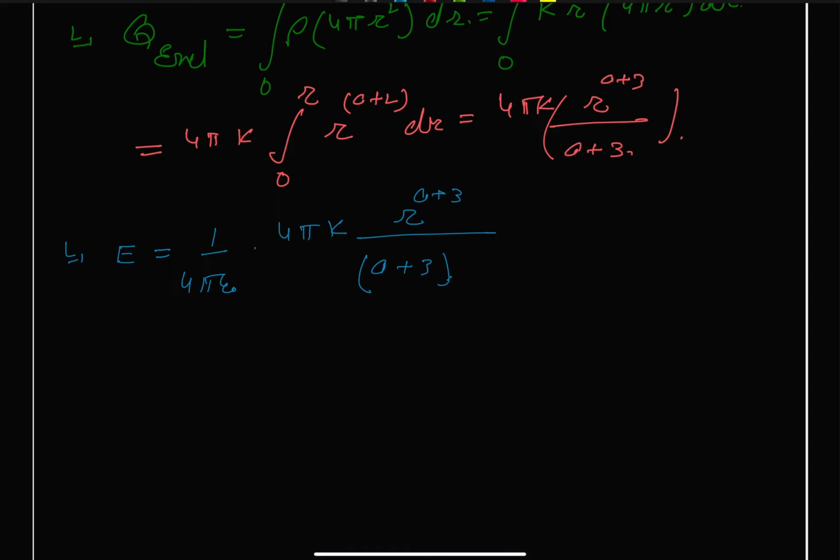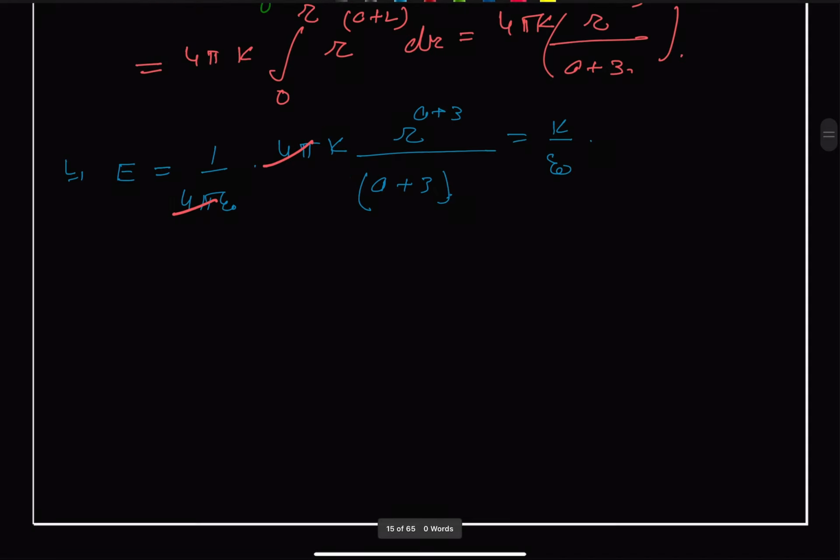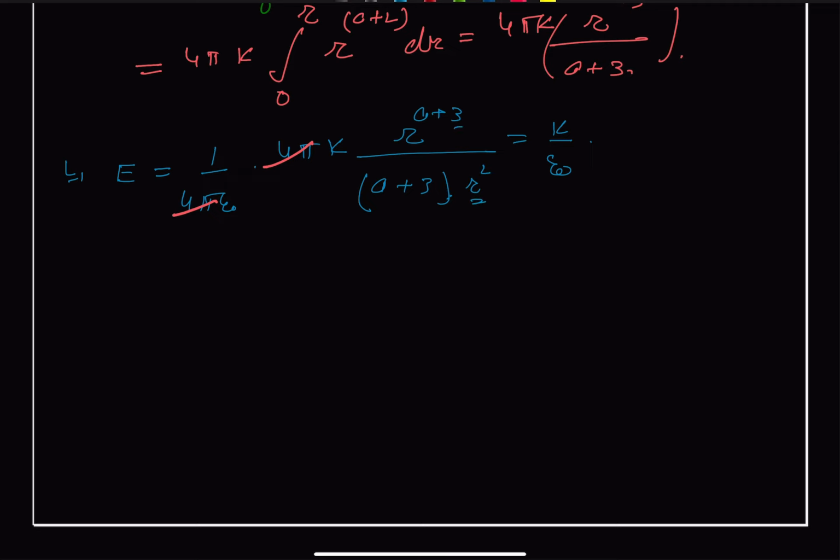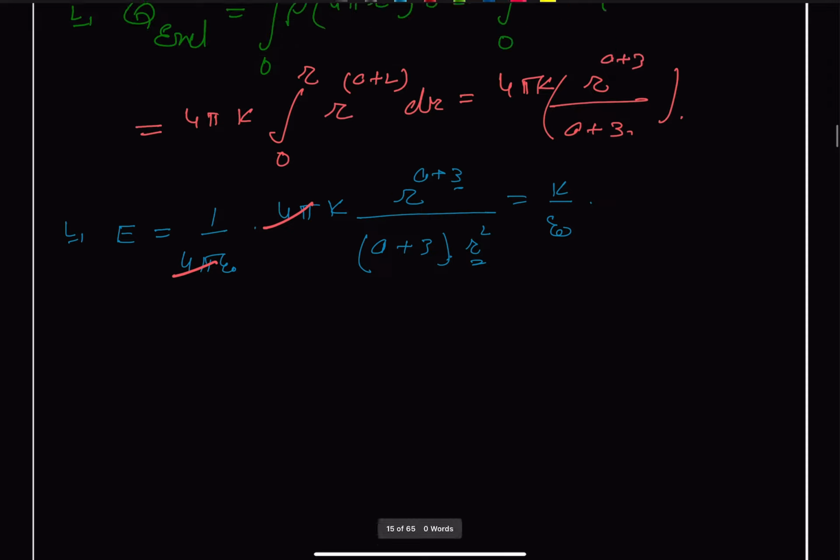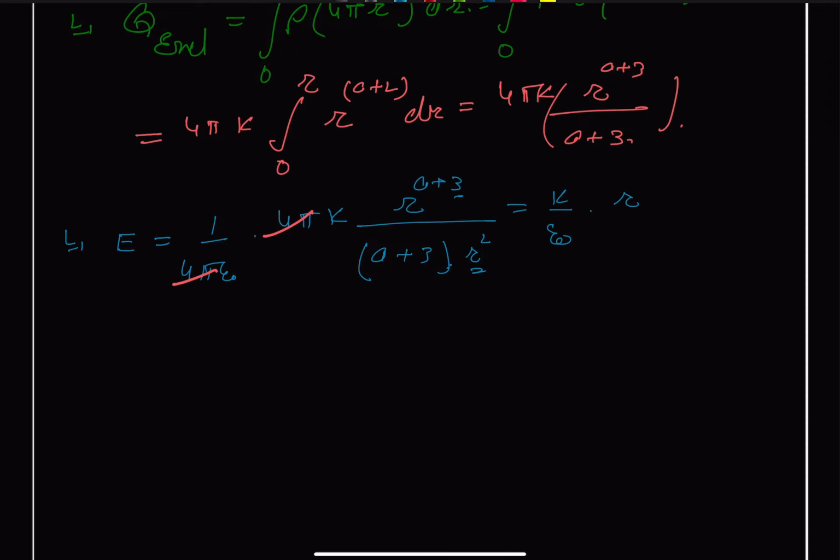Here 4 pi cancels out, so this comes as k upon epsilon naught, and here r square is left, sorry, we also have its r square, so this r square and this cube will be sorted out, and it comes as r raised to power a plus 1 divided by a plus 3.